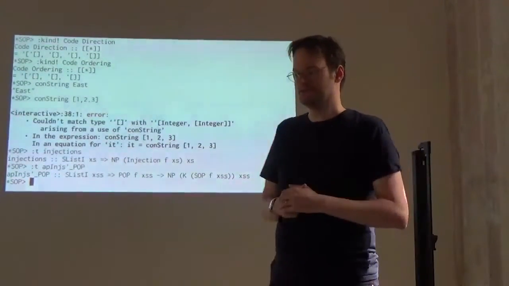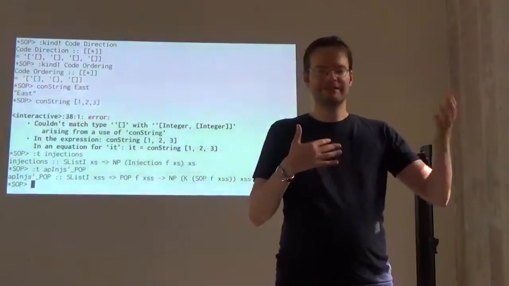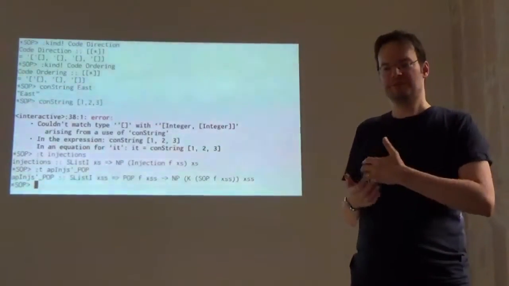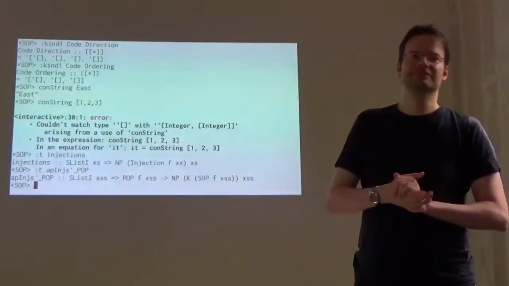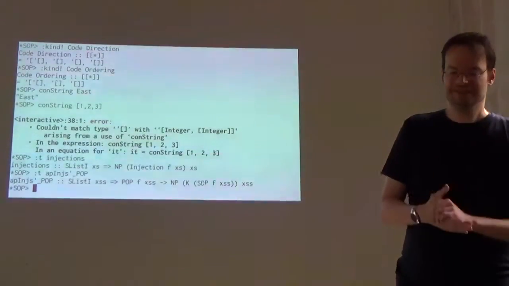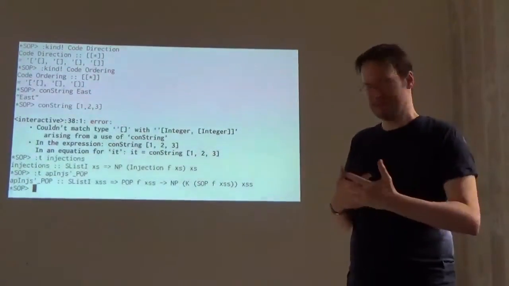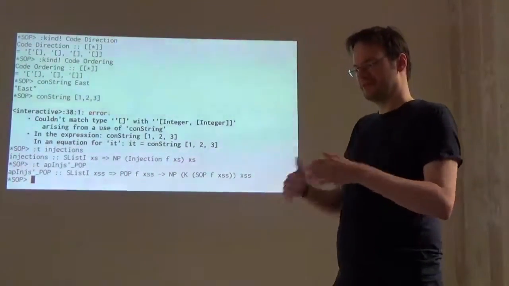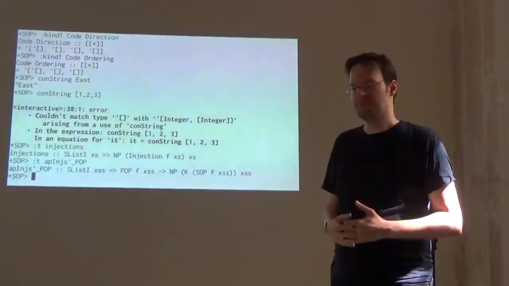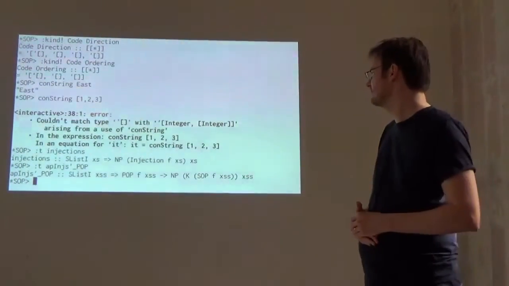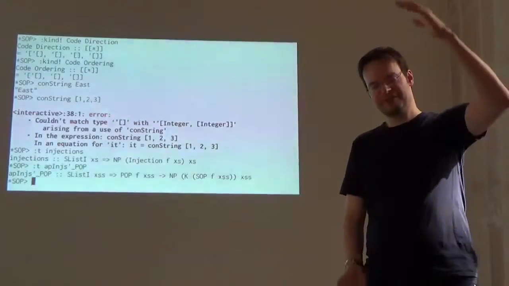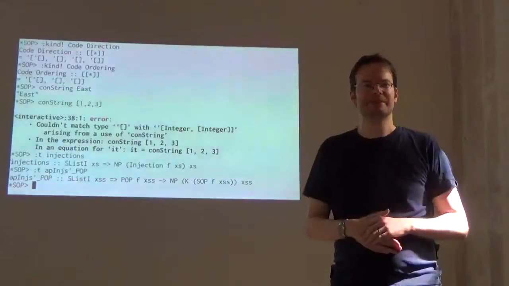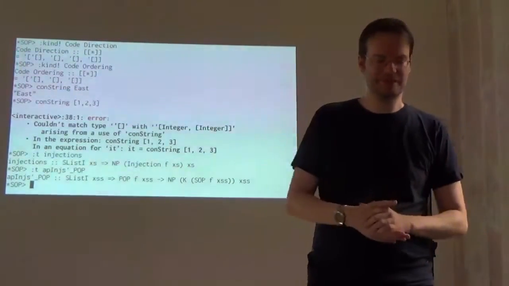And if you've ever heard of the ZipList instance of an applicative, you might know that this is the pure of the ZipList applicative, actually. So you can see vector operations or list operations that are performed pointwise as having an applicative structure, and then the pure is just the repeat, and the star is just pointwise application, zip with apply.